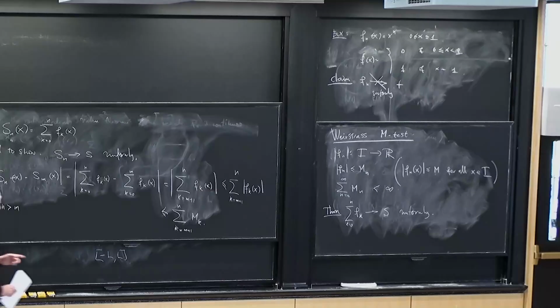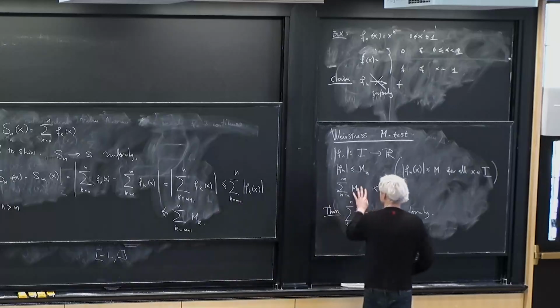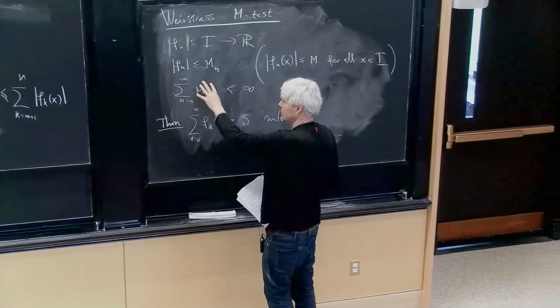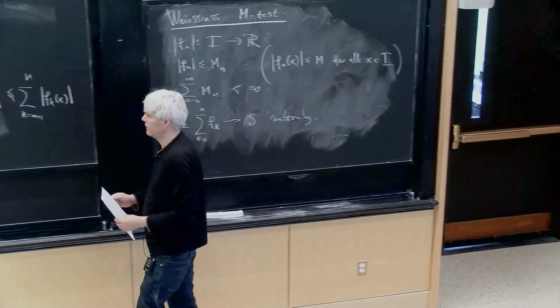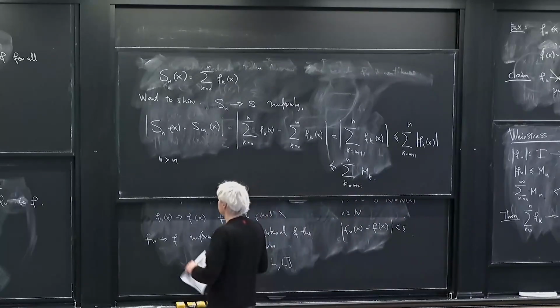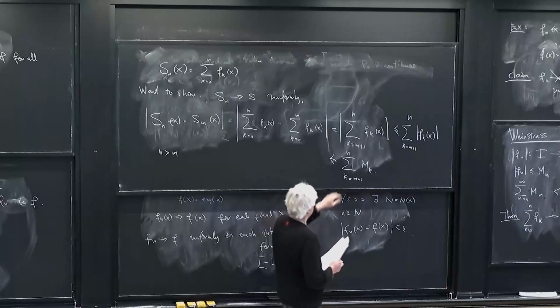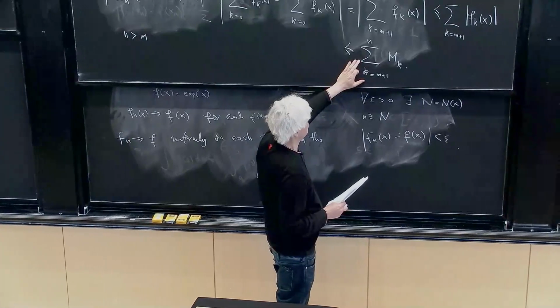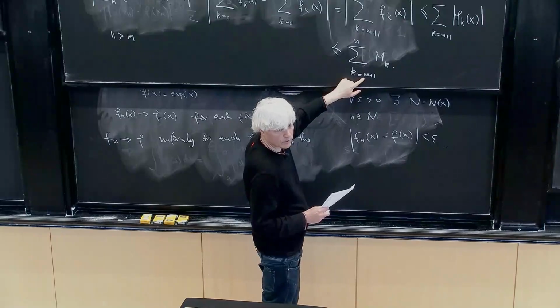But those are just a sequence of real numbers, right? This is not a function, it's just real numbers. And they converge. So this means that you can make this thing as small as you want, as long as m is sufficiently large.